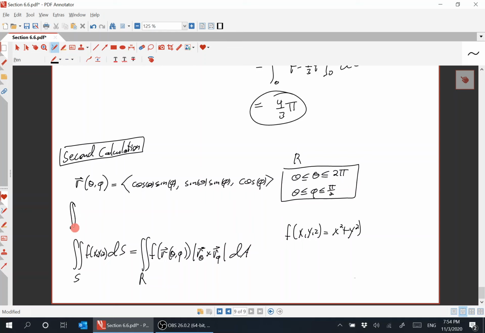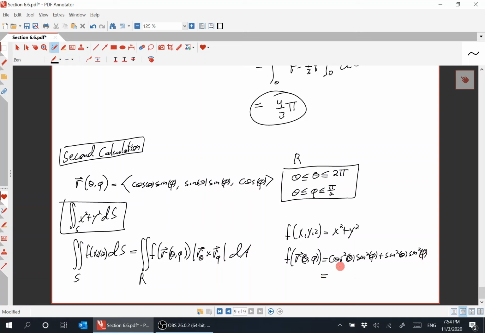We're calculating the surface integral over S of x squared plus y squared dS. So f of x, y, z was x squared plus y squared. So f of r of theta, phi is equal to cosine squared theta sine squared phi plus sine squared theta sine squared phi.